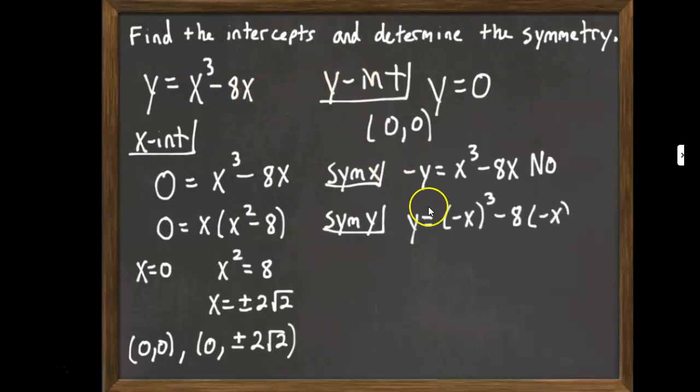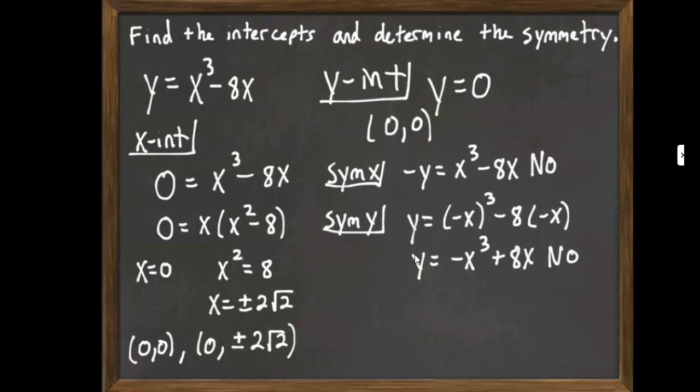So that would give me y equals negative x cubed minus 8 times negative x. And then we simplify. Negative x cubed, we can cube the negative, so we get negative x cubed. Negative 8 times negative x will be plus 8x. Once again, if we try to fix the negative signs over here, that would end up messing the y up. So we do not have that symmetry either.